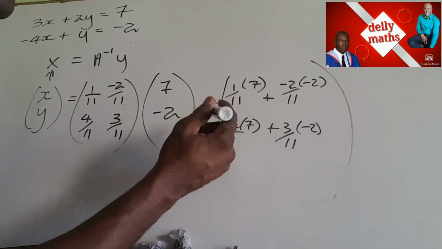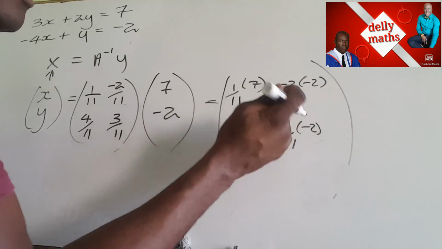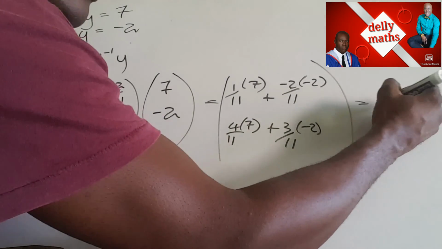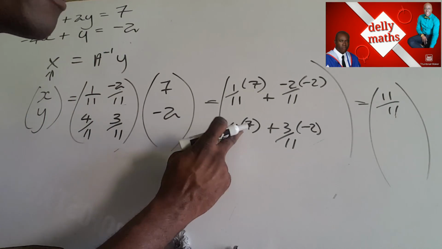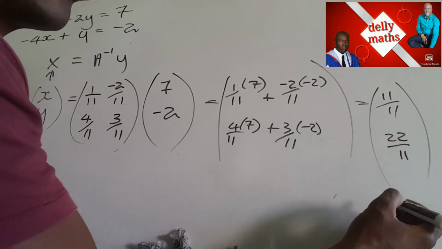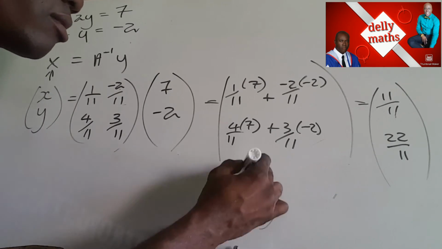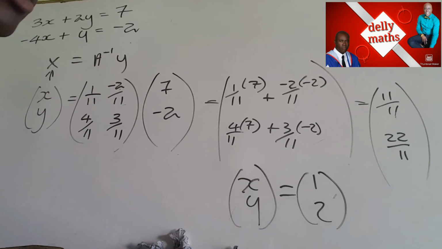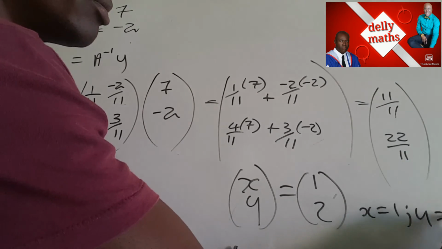So this is actually 7 plus 4 over 11, which is 11 over 11. And then this part, this is 28, minus 6, so that is 22 over 11. As you can see, finally, x over y is equal to 1 and 2. So now we can conclude that x is equal to 1 and y is equal to 2.